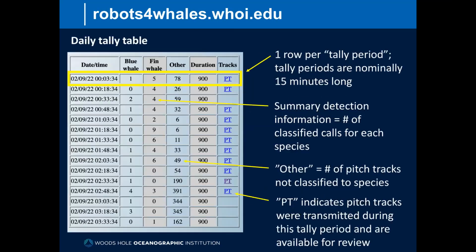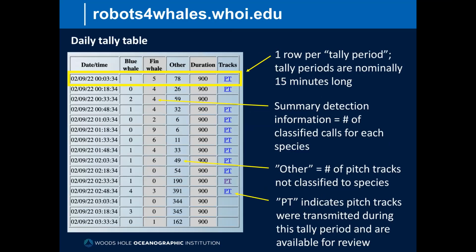Okay. You'll be able to see this when Julianne goes through the website. One of the things on the website is this daily tally table. I picked out one for a West Coast buoy, so it only has blue and fin whales on it. In the tally table, we've broken out the data into what are called tally periods.